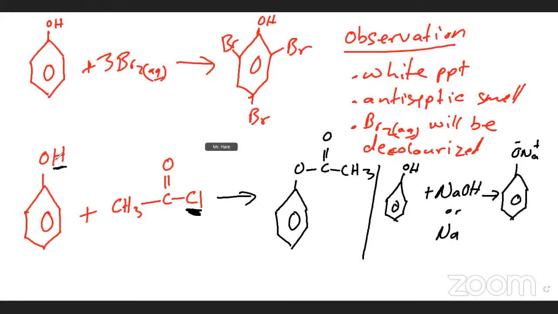I was saying that this is an acyl chloride, ethanoyl chloride. When you react it with phenol, you're going to take off the chlorine, take off the hydrogen. This carbon here, you're going to attach it to the oxygen. So if you notice, the carbon with the double bond oxygen is bonded to the oxygen of phenol.